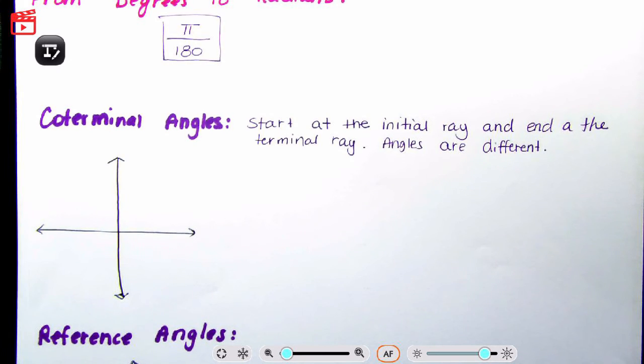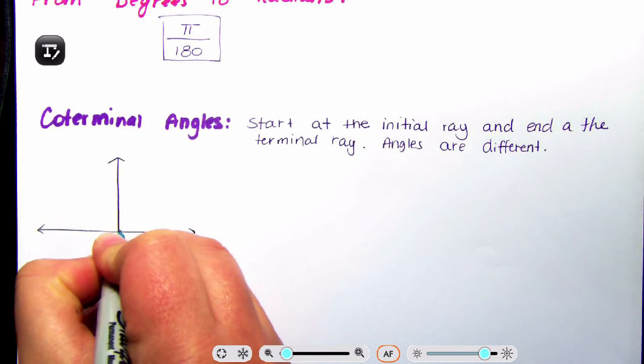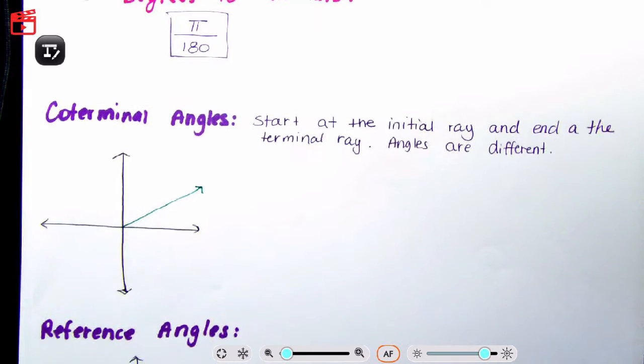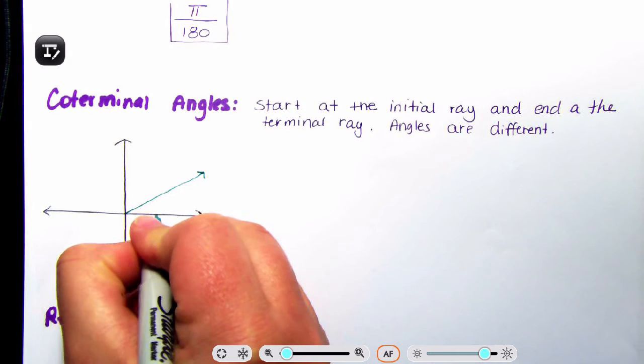So let's do an example real quick of a coterminal angle. Let's do one like this. I'm just going to make one up. Let's say this is 65 degrees.